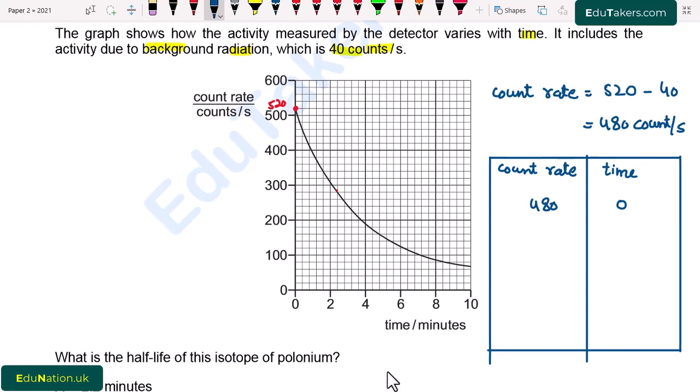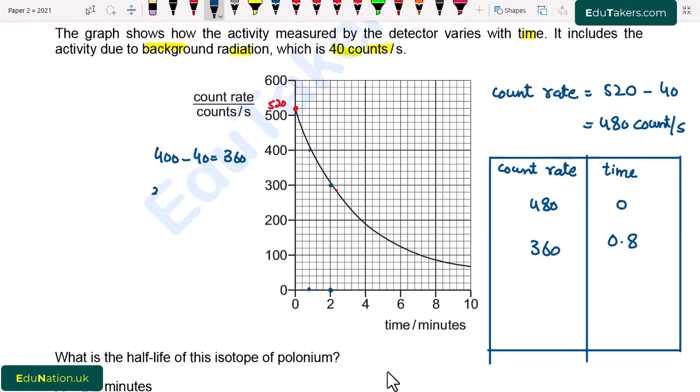Secondly, when I take the time 0.8, at this point the count rate is almost 400. So I also have to subtract the background count rate. I write here 400 minus 40, which is equal to 360. It means that at 0.8 minutes, count rate is 360. Next, when the time is 2 minutes, the count rate is 300.